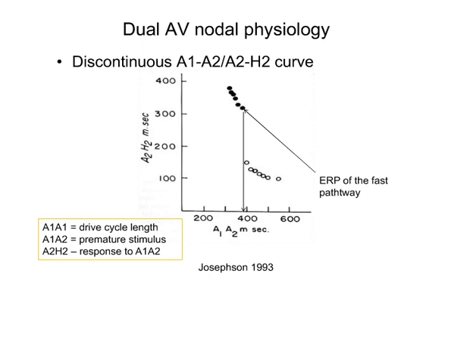You see a 50 millisecond jump with just a 10 millisecond decrement in A1-A2. At right around less than 400, you see a sudden jump in the time it takes to get through the AV node, which also defines the ERP of the fast AV nodal pathway.